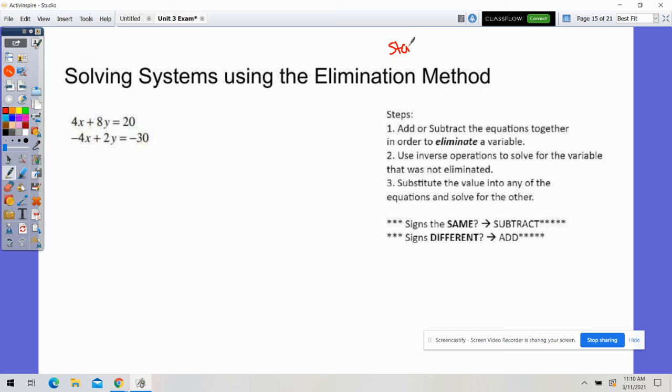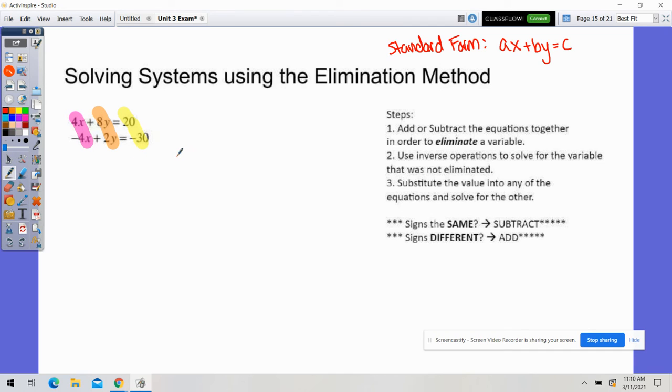Both equations are in standard form, which is ax plus by equals c. Your x and y's are on the same side, and by putting them right on top of each other, you are lining up the like terms, which I'm highlighting.